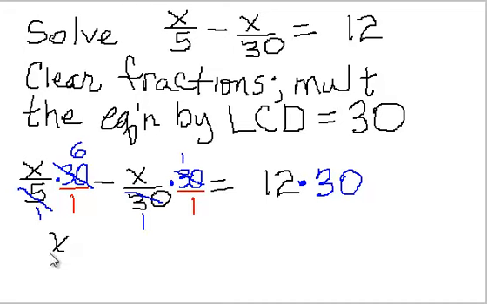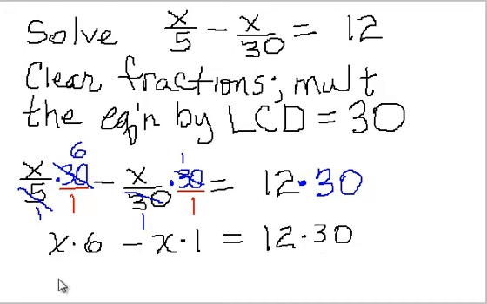So I now have x times 6 minus x times 1 equals 12 times 30. 6x minus x equals 360. So 6x minus x is 5x.